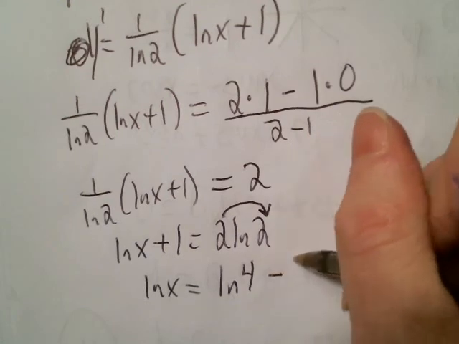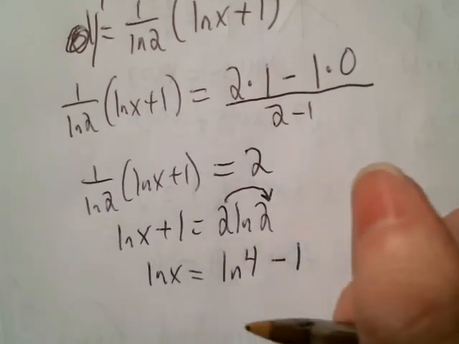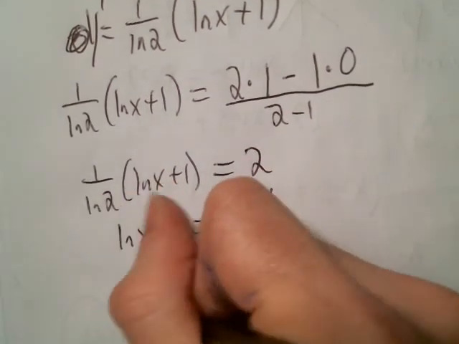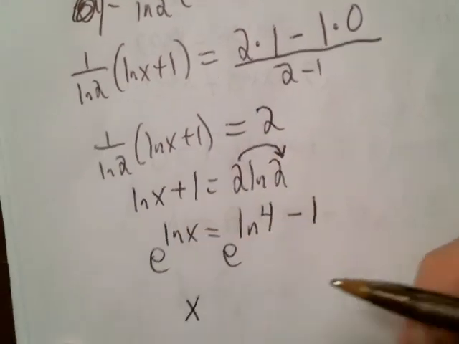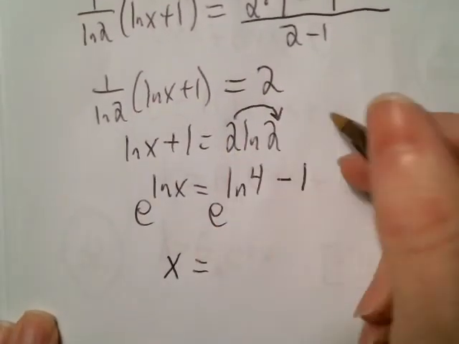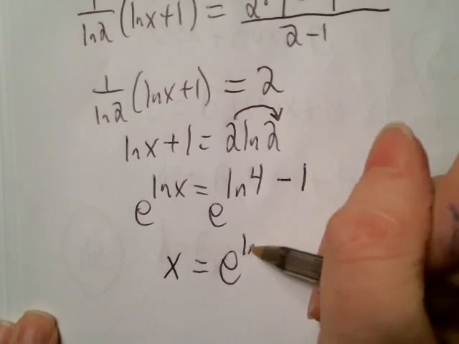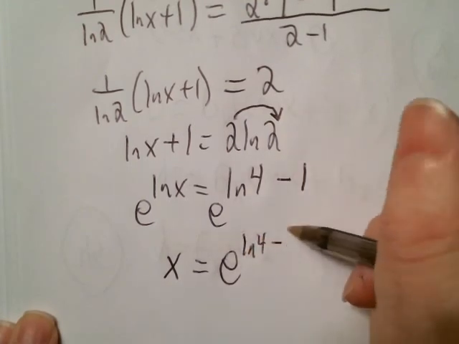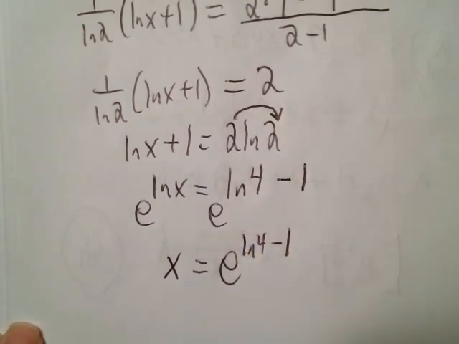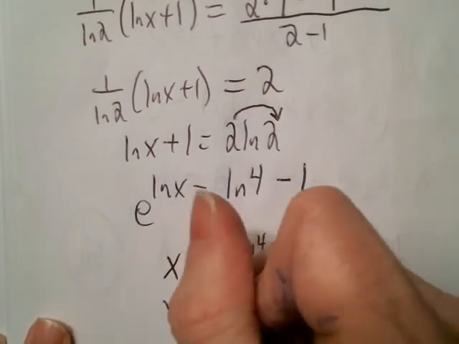Move the 1 over, and you get minus 1. Then you need to exponentiate both sides. So you'd end up with x equaling e to the ln 4 minus 1.